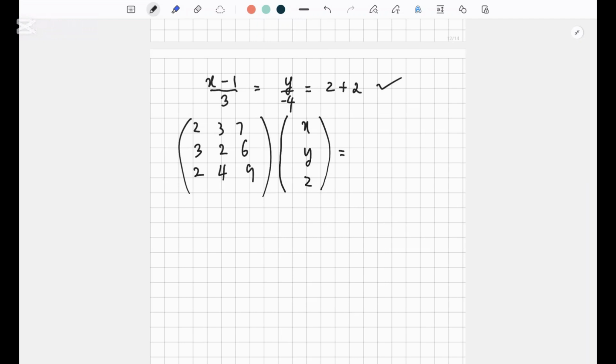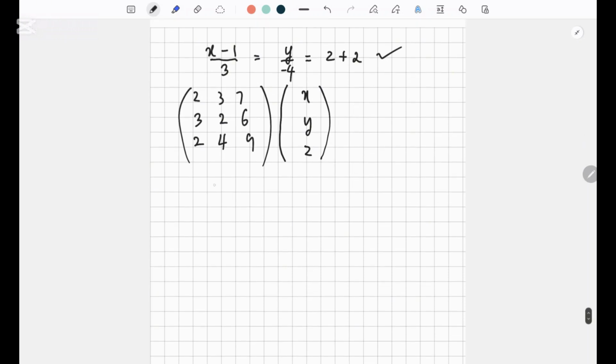So to put the vector in these brackets, you need to convert this into a vector equation. We can write x minus 1 over 3 equals y over minus 4 equals z plus 2 over 1.